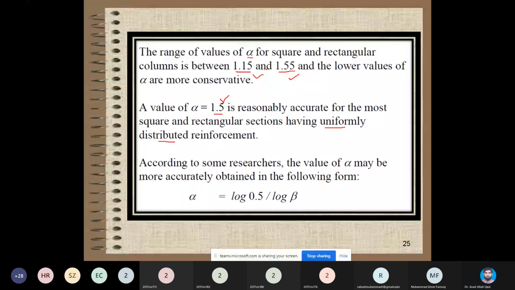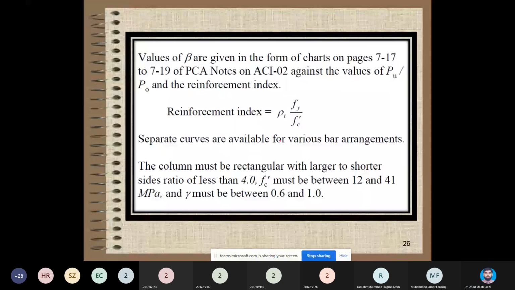If you are not interested in following these direct recommendations, then in literature you will get some research based equations. One of them relates alpha with log of beta. This relation requires beta calculation, and beta is a factor given in design charts.